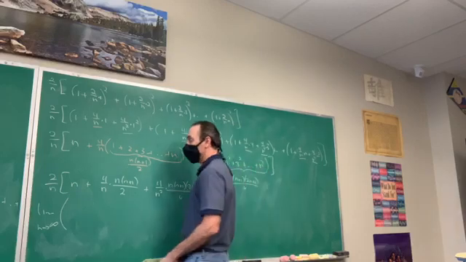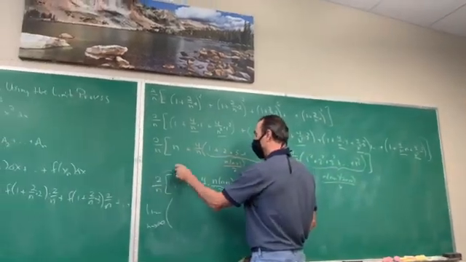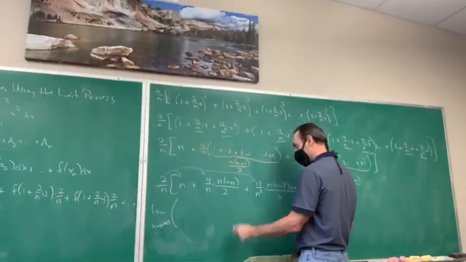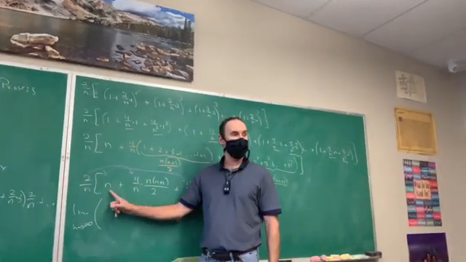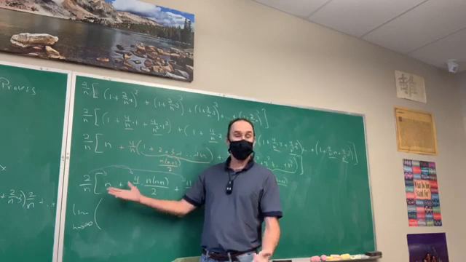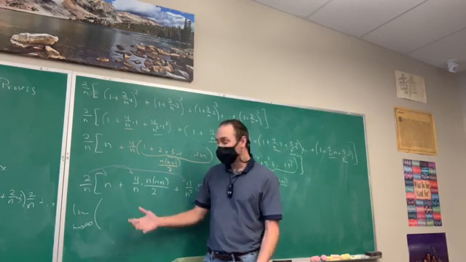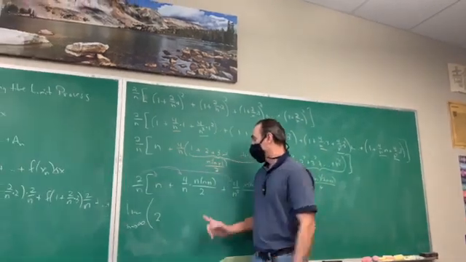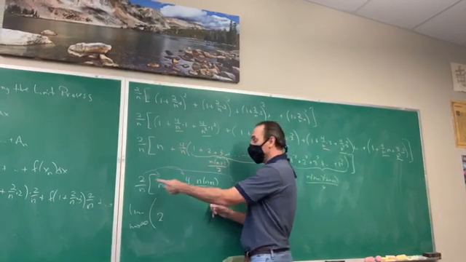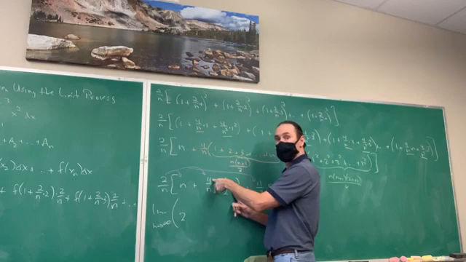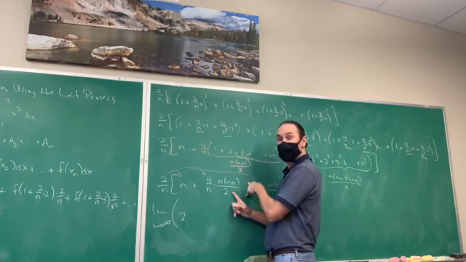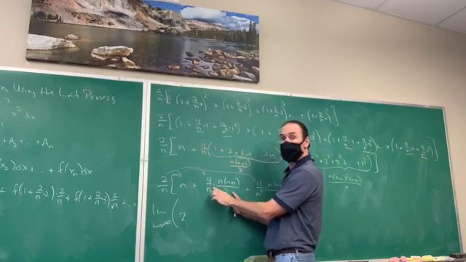So when we distribute, this 2 over n is going to hit each of those. So when we take the 2 over n times the n's, the n's will cancel, and we're just going to get 2. Now, these are being multiplied, so we take that 2 over n and we can let it hit that 4 over n. We don't also distribute it to the rest of this, because we don't distribute over a multiplication.